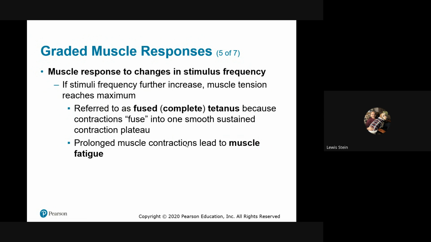We use this extensively. Maybe those of you who are athletes have had this done, and they have spasms that they can't break. That's what we would do in physical therapy. We would set it up to take it up to tetany and hold it there. And over time, you do a variety of treatments.